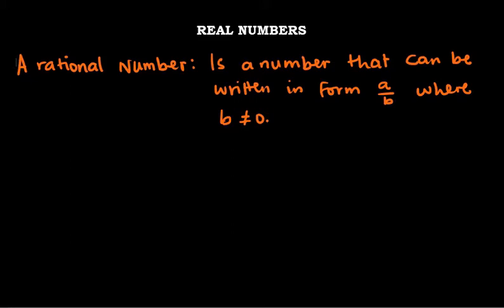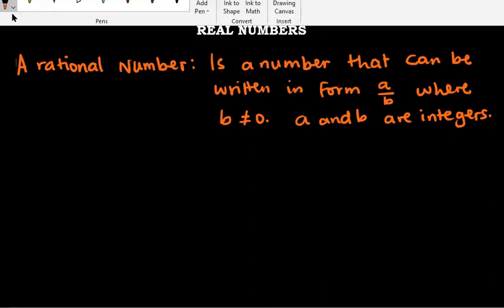And also A and B must be integers. Let's write it also, that A and B are integers. And I believe that at this time, you all know what integers are, okay?